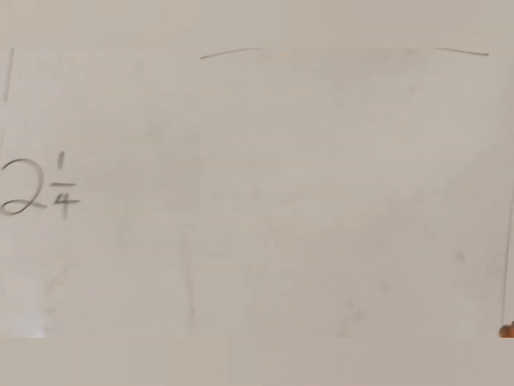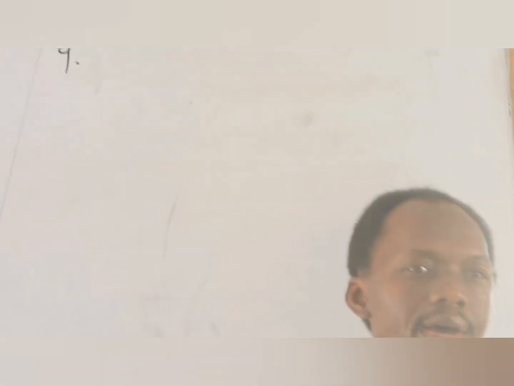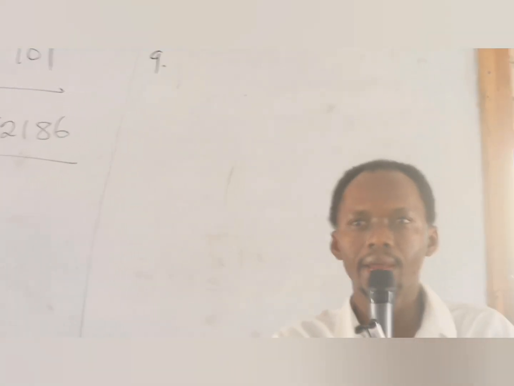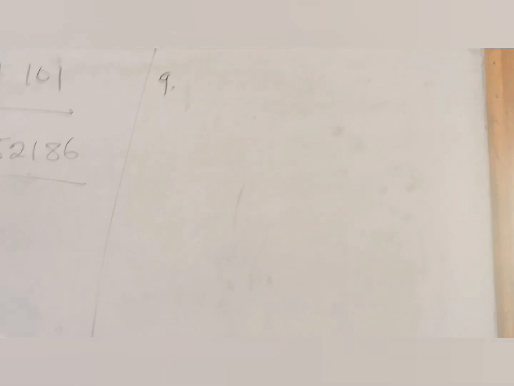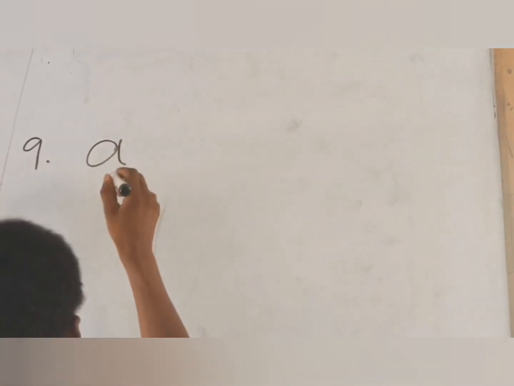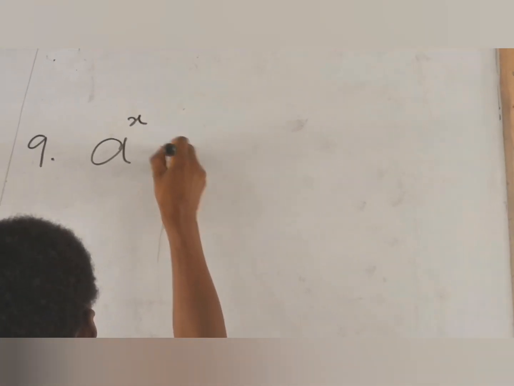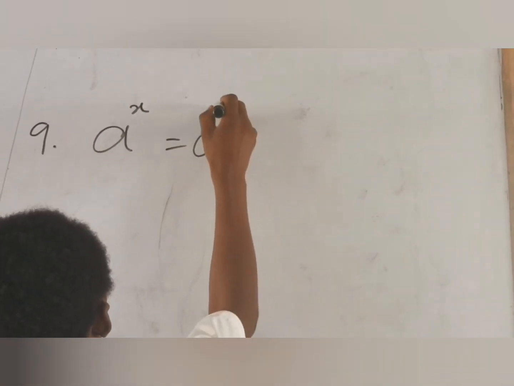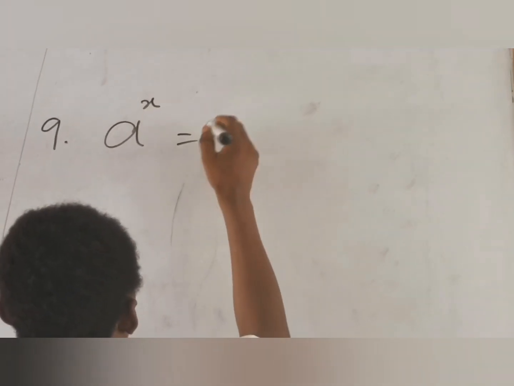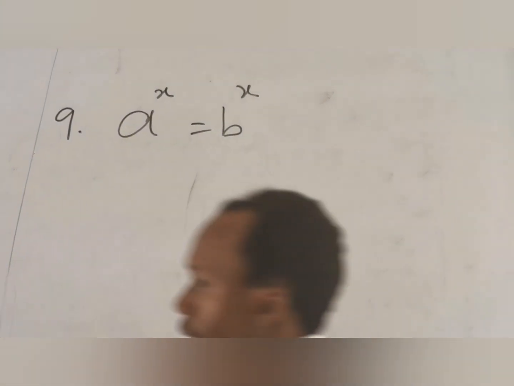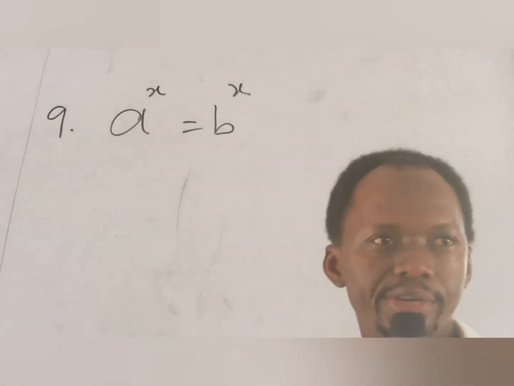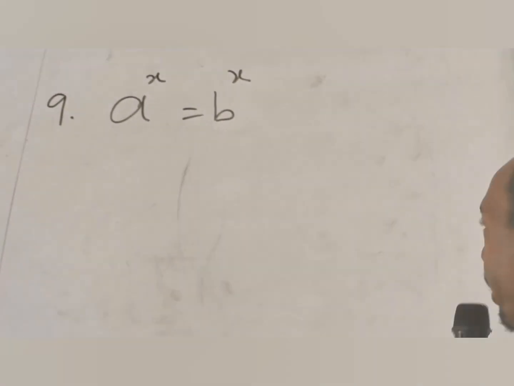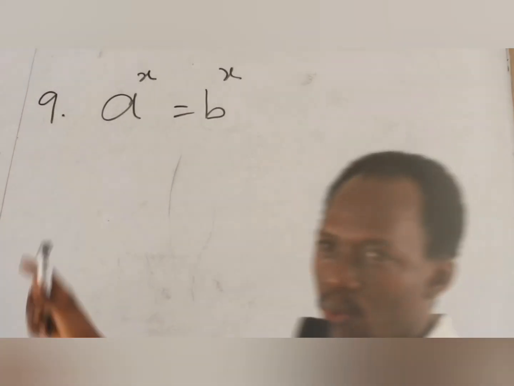Property 9. If you have an exponential equation where the bases are not the same and the exponents are the same, anytime you have an expression in this form where the exponents are the same, what do we do?